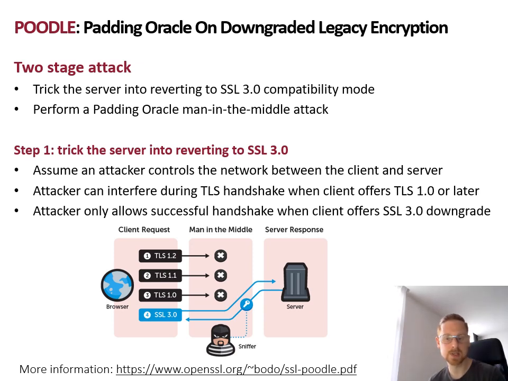If the attacker intercepts these messages, the client will retry with older versions, thinking the server does not support these newer versions. When the client then finally offers to use SSL version 3.0, the attacker will not interfere and allow the negotiation to finish. As such, they will downgrade both the client and the server to use SSL 3.0.